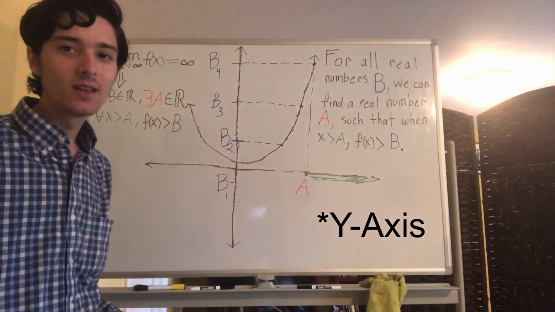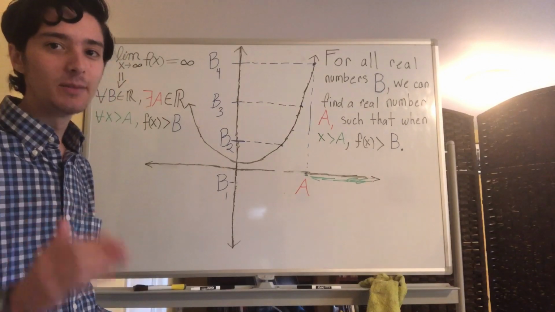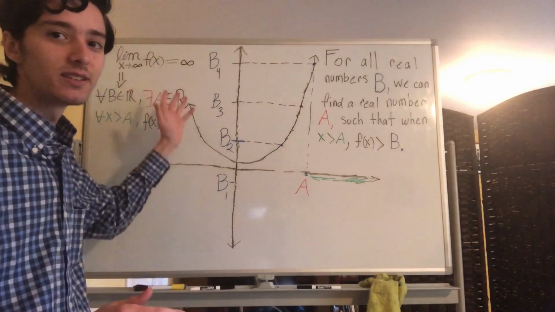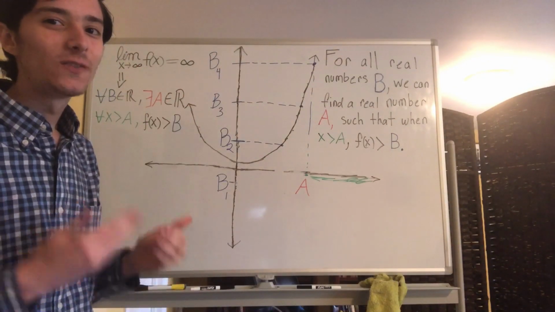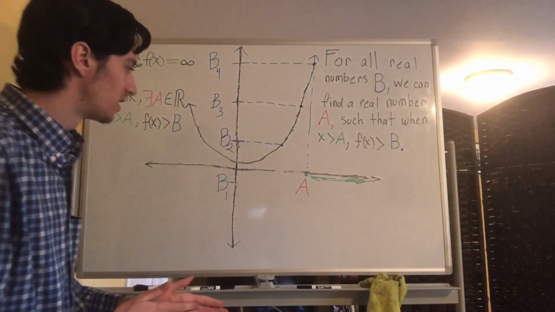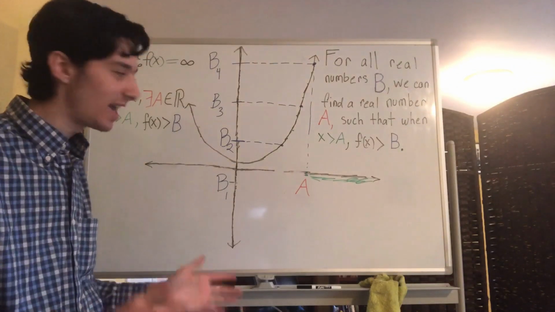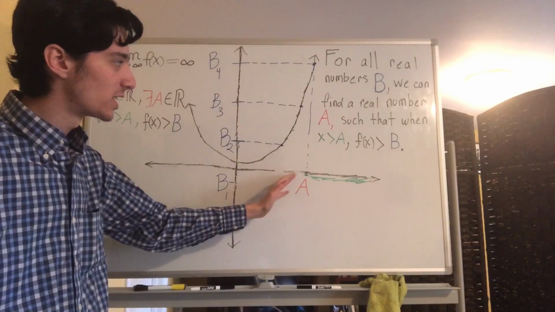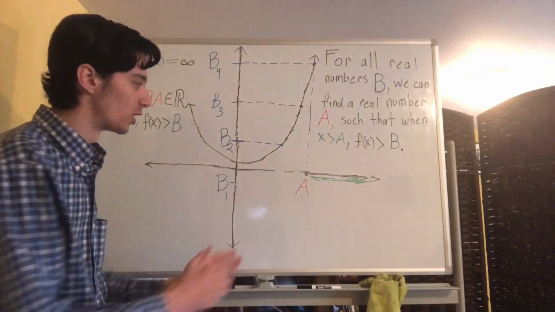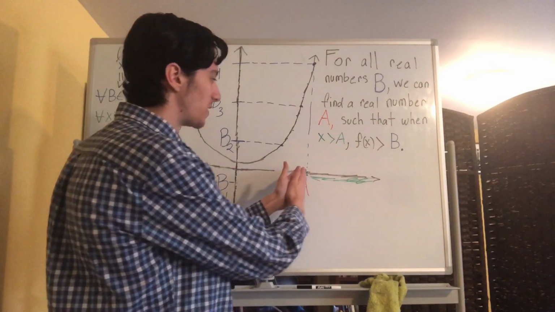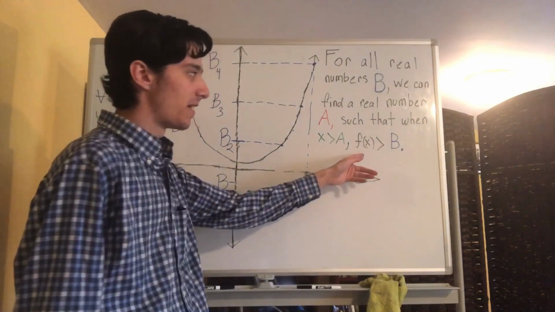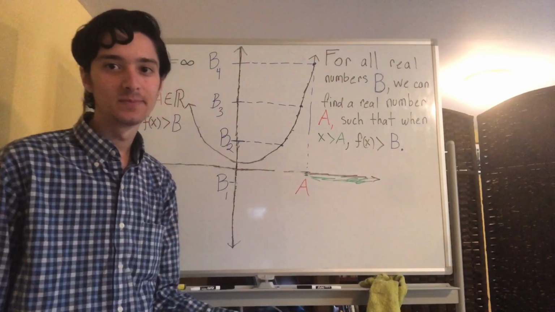And we're saying that if this limit is what it says it is, we can always find an a value, some sort of x-coordinate a, such that when x is greater than a, so x is greater than this cutoff point, f of x will always be greater than b.